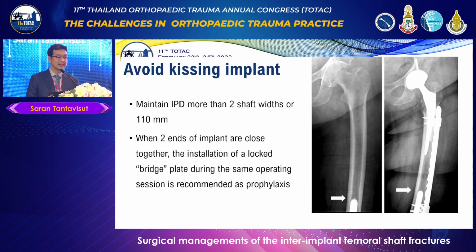What is a kissing implant? It means two implants that come very close to each other. And if that is going to happen in your hands, you should go forward and add a bridge plate to reduce or eliminate the risk of future fracture in that patient.